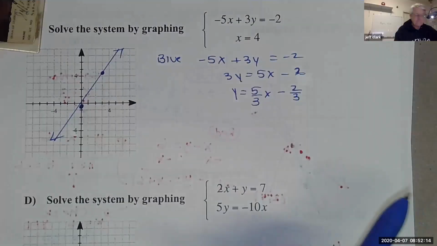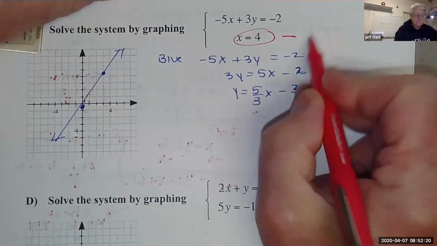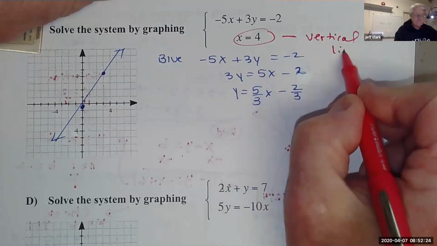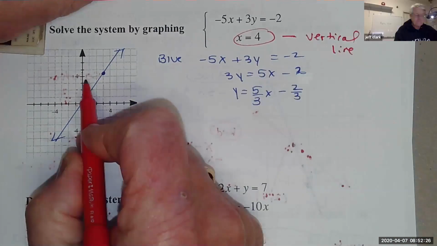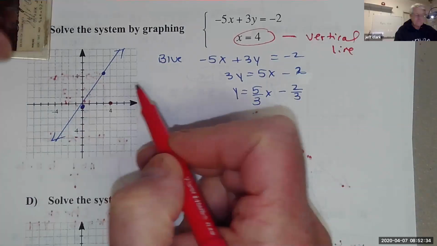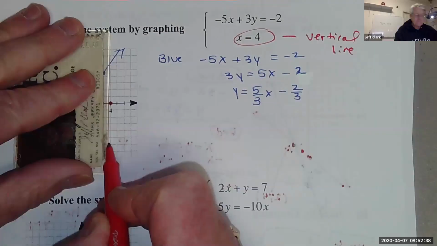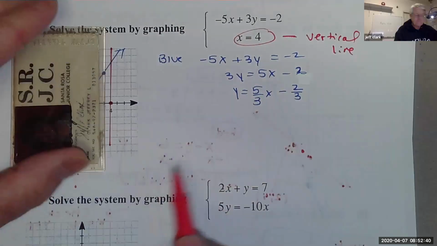Okay, now this one here is a vertical line. So I'm going to have a vertical line at x equals 4, which is, let's see, 2, 3, 4. Right here is a vertical line. By the way, what's the slope of a vertical line? Undefined. Yeah, that's right.